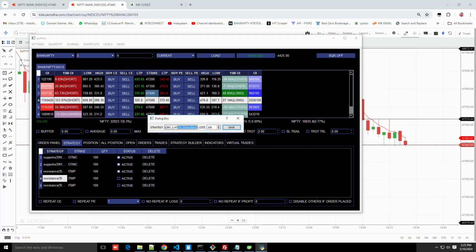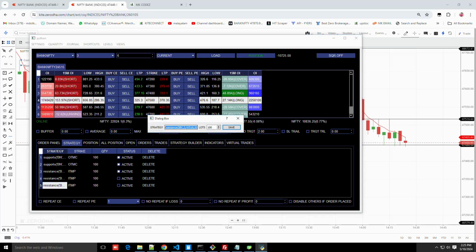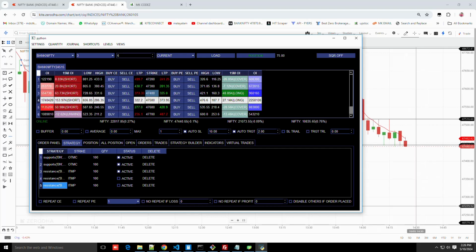Okay, it's because sometimes the data in our chart will not be shown correctly. So if you reload, it will take the fresh data from the server and update. Okay, so our order is placed because it was an engulfing pattern, and one order for 1500 is the engulfing pattern order, and another one for inside candle pattern, and the current candle broke below the level of our previous candle. So the order has been placed, and you can see the profit now.